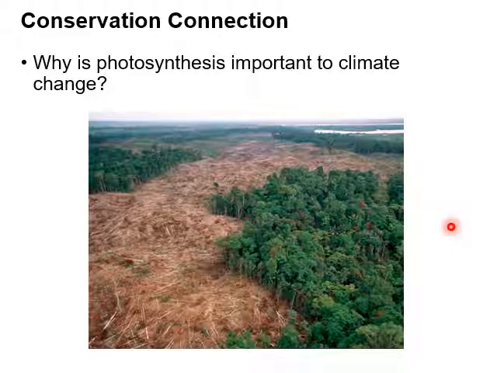So you'll see that throughout the semester, there are a lot of different topics that we're going to cover that are very much going to be related to each other. And understanding how those topics relate is how you're going to get a better holistic understanding of how life works on this planet.